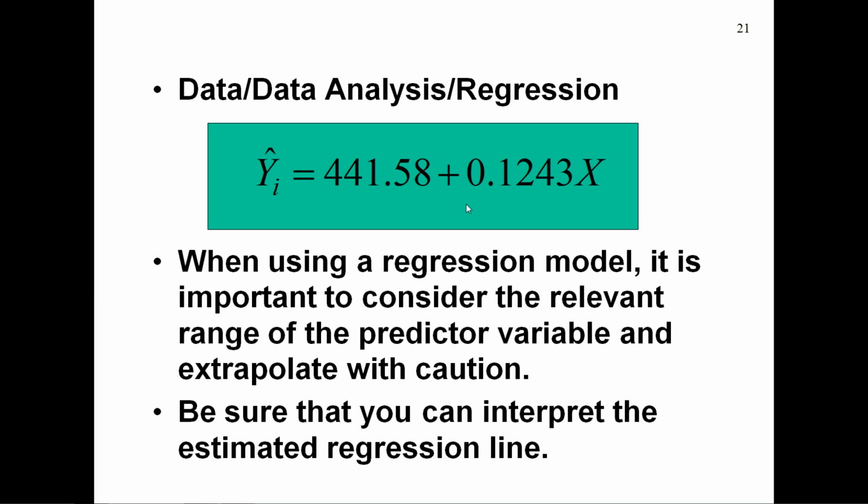I'm always cautious about extrapolating the estimated regression model beyond what I call the relevant range. We're sometimes forced to do it, but it's a tricky thing. So in this case, I maintain that the 441.58 is nothing more than a mathematical artifact, and I don't try to ascribe any particular meaning to it beyond that.